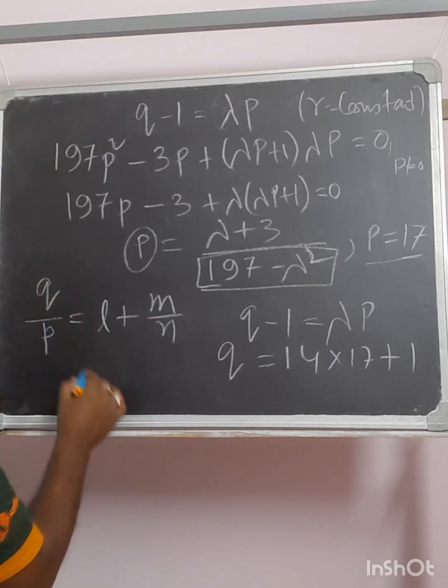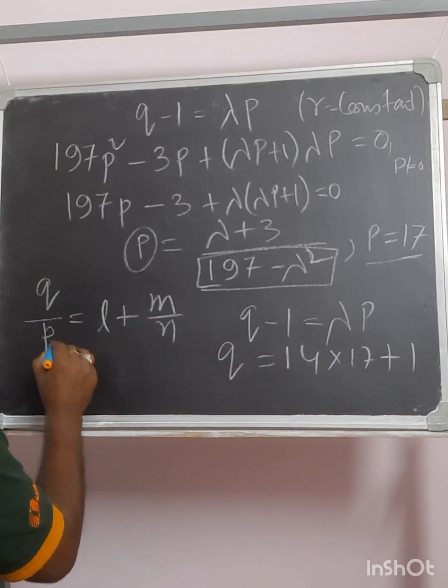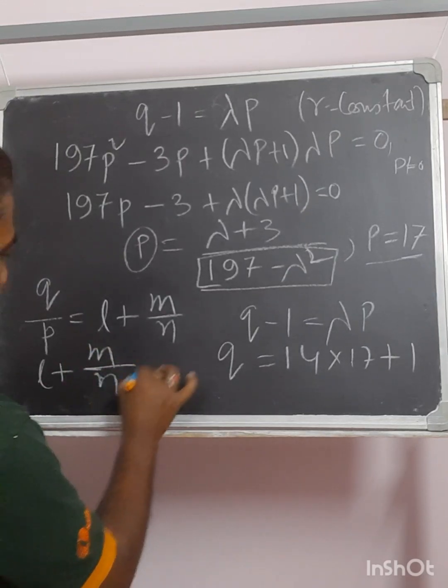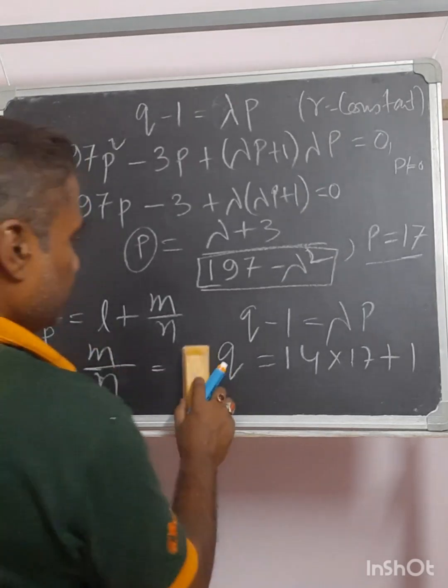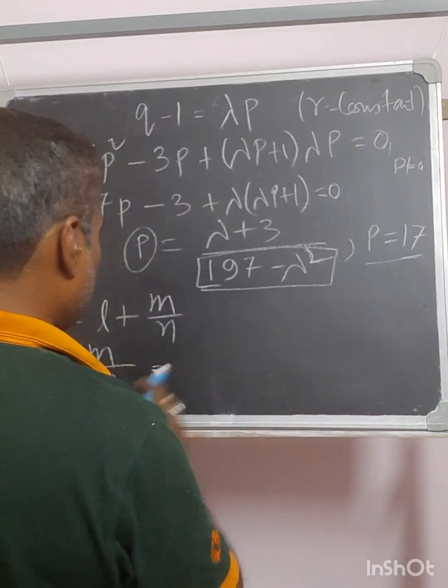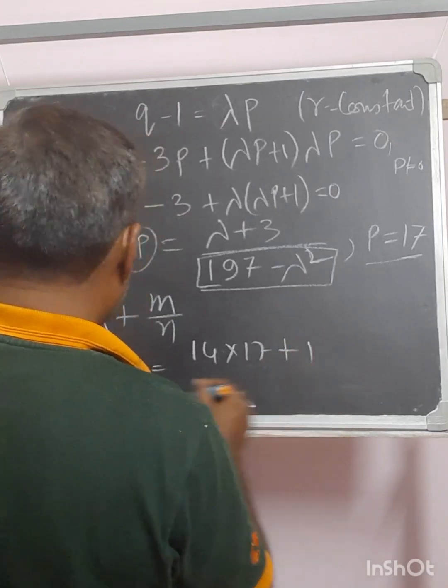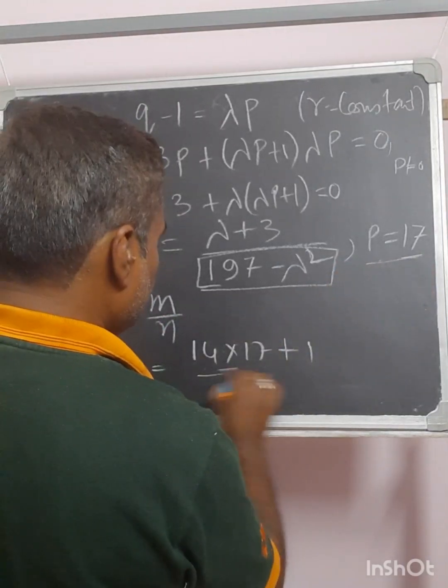Now I know the Q value, so if I write L plus M by N is equal to, Q value 14 into 17 plus 1 on the top, and at the bottom P is equal to 17.